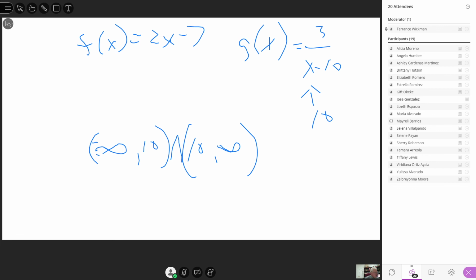Again, the solution is whatever x can be or cannot be. So x can be anything but 10. That means everything going in the negative direction but 10, and everything positive going this way. Are we good there?